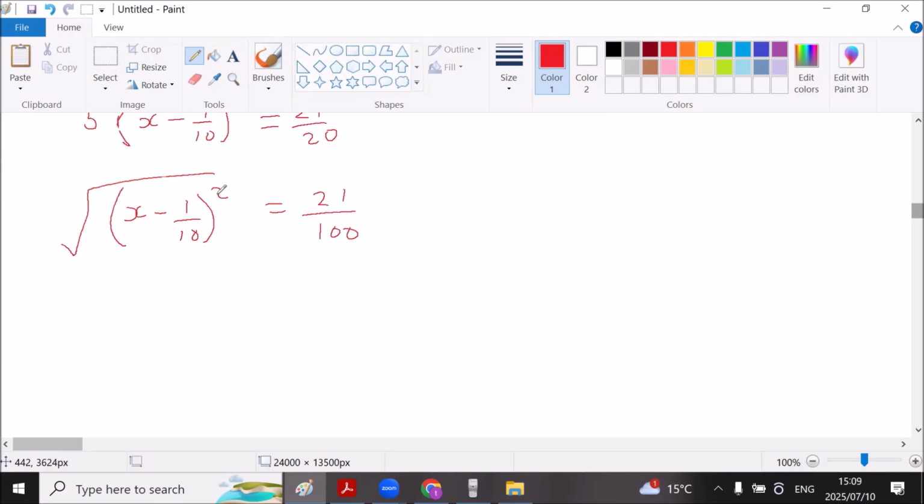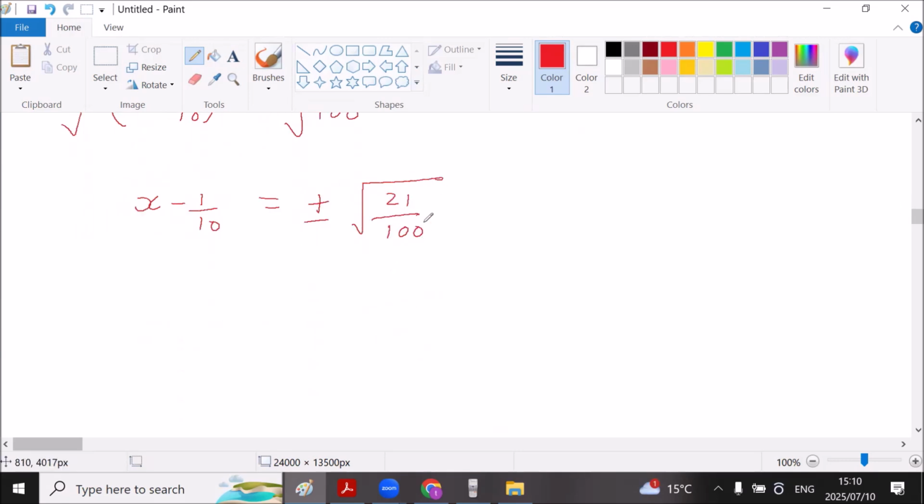We square root both sides. Then this square cancels out with the square root. We have x minus 1 over 10 is equal to plus or minus the square root of 21 over 100. This can be simplified by saying plus or minus square root of 21 over square root of 100, and square root of 100 is 10.